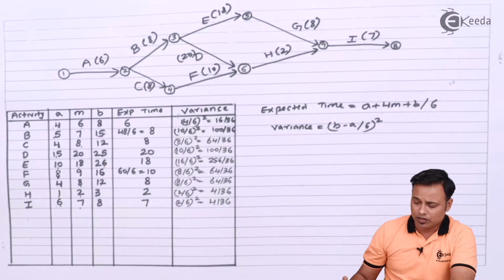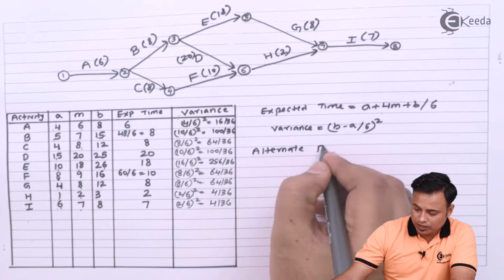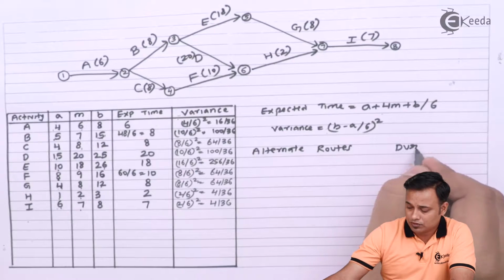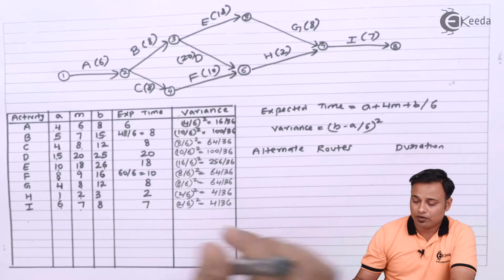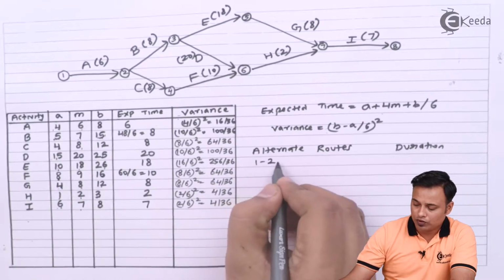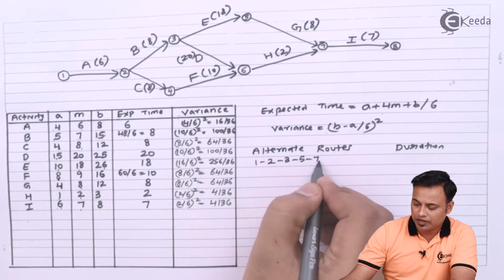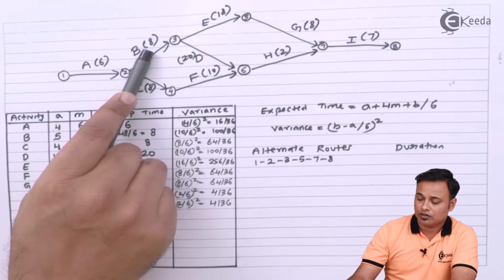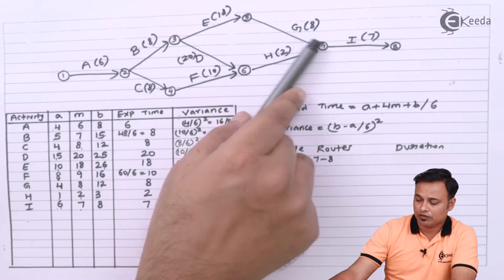Now we will calculate the alternate routes and their durations. So we have 1 2 3 5 7 8, where the time will be 6, 14, 32, 40 and 47.